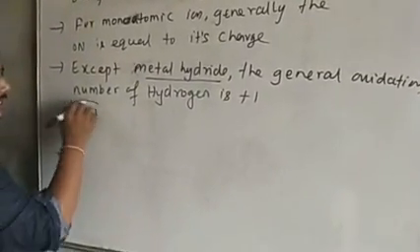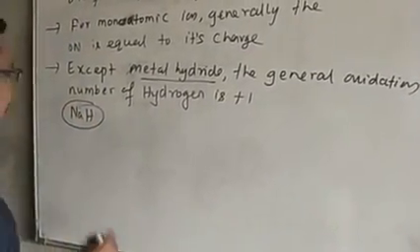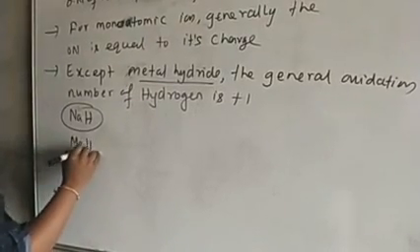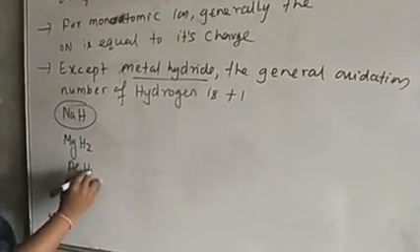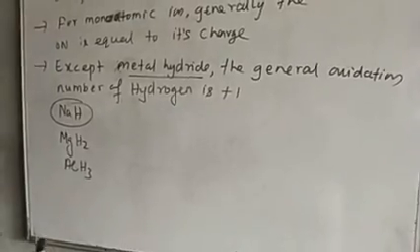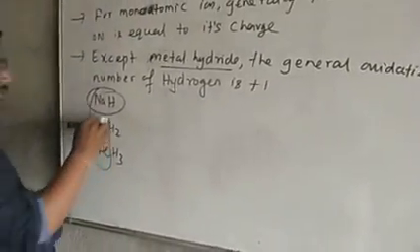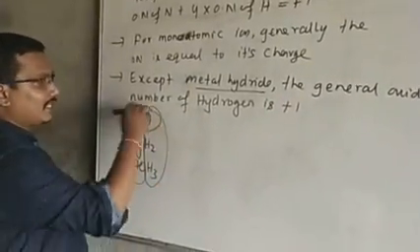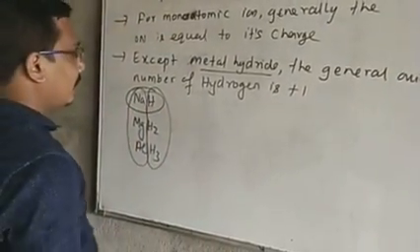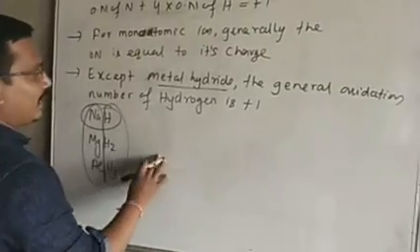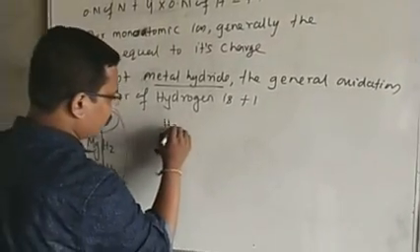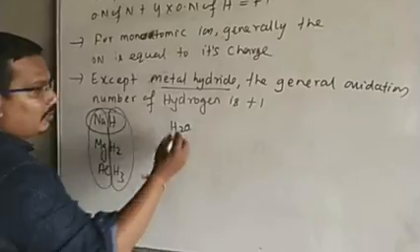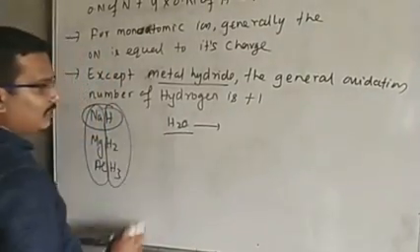Suppose sodium hydride, magnesium hydride, aluminum hydride, all are said to be metal hydrides. In this case, the metal must be positive, while the hydrogen carries the negative charge. But if you think about another case, H2O, there is no metal present.